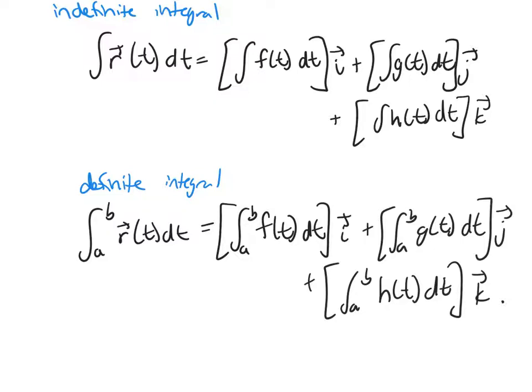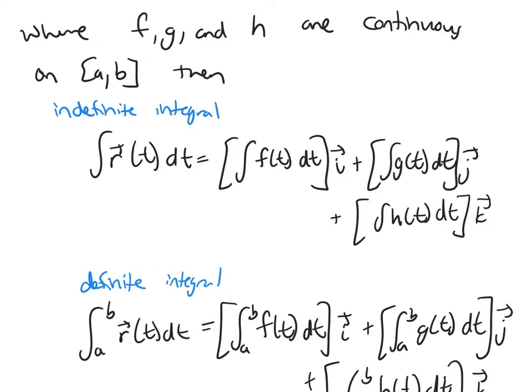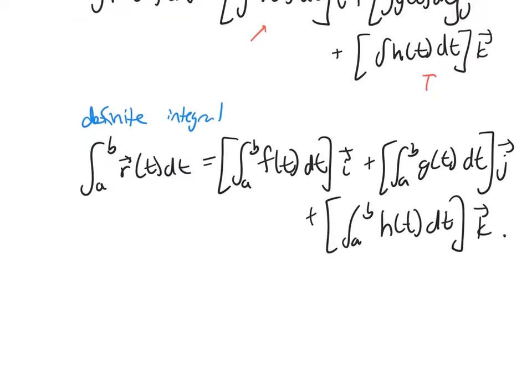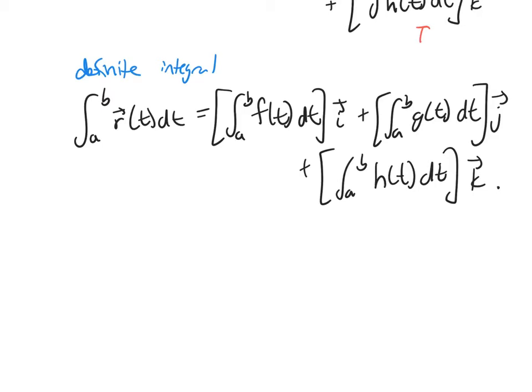Now, one thing you might ask is, normally when you integrate an indefinite integral, you always get plus c, right? So what's going to happen here, here, and here, and here is you get a constant, yes.